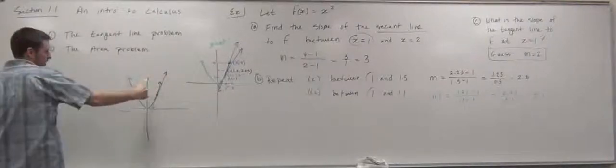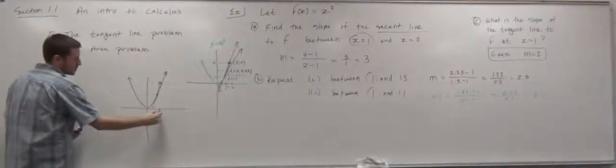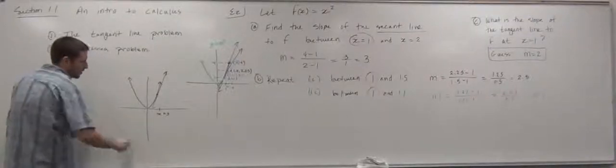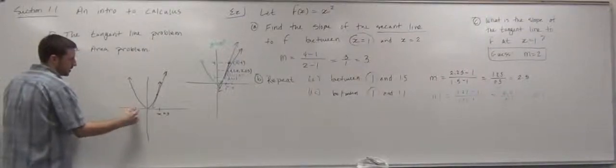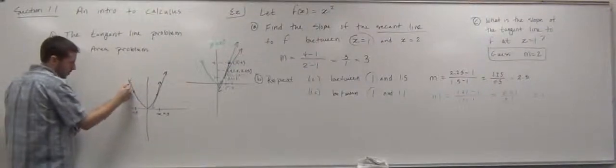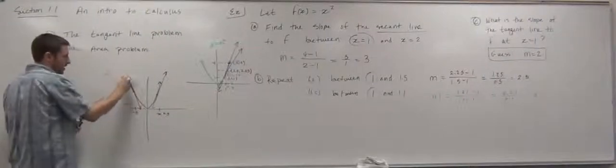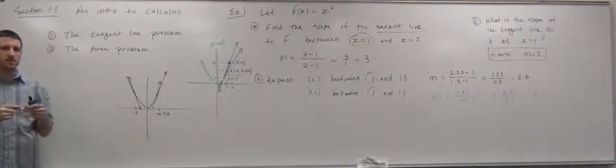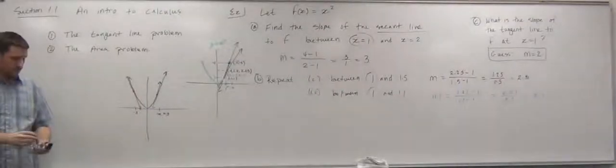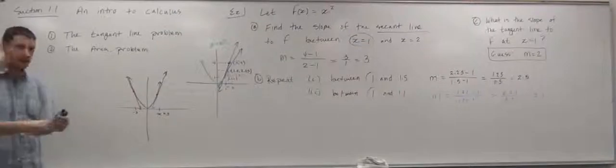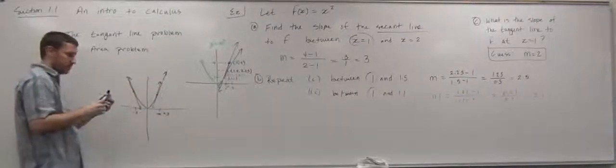If I draw a tangent line at, say, x equals 3, versus a tangent line over here at negative 3, like that, it only hits my graph once. What's the difference between those two lines? The sign. One's positive, one's negative. This line's going up, this line's going down.